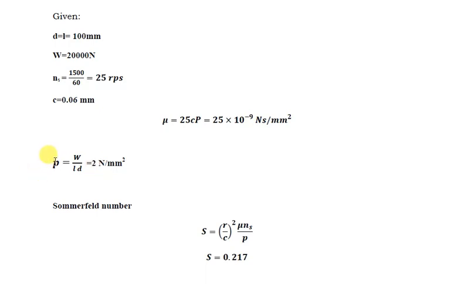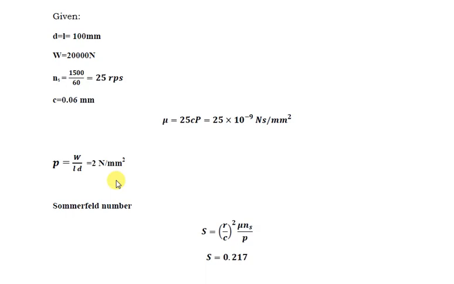And again we can say the small p, bearing pressure, load per projected area, means capital W upon small d into small l, is equal to correspondingly 20 into 10 raised to 3 divided by 100 into 100. So it is 2 Newton per mm square. The small p is there.